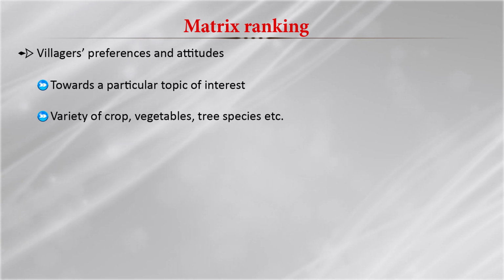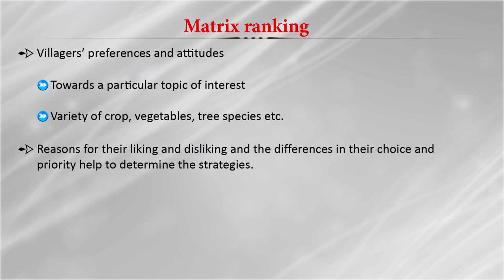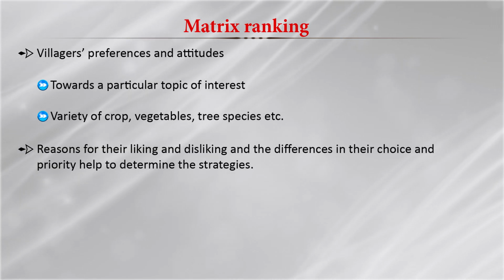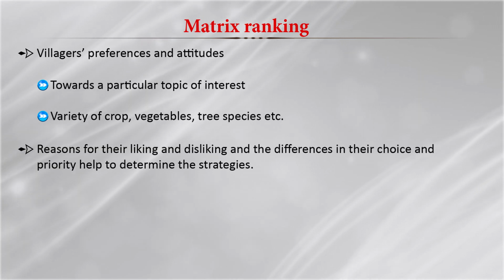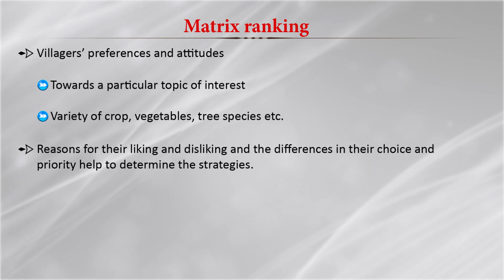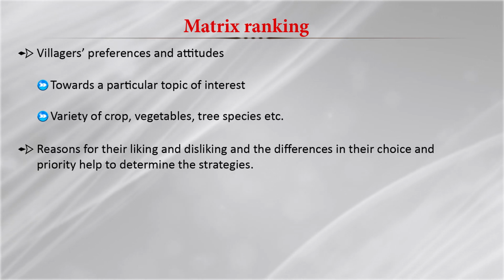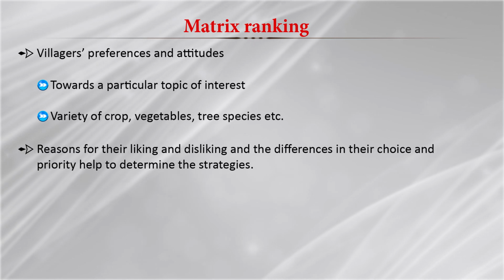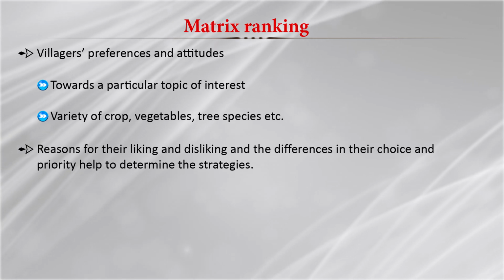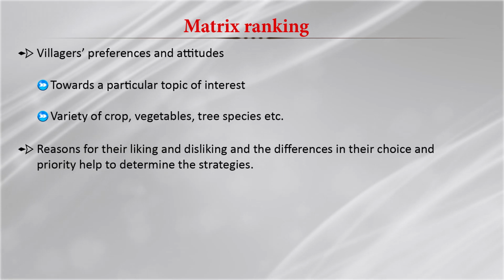And we can collect information about the reasons for their liking or disliking a particular topic or variety, and what the differences in the village are in choices and priorities, which helps to determine strategies. Basically, we select items or topics which are not yet prepared by the people in the village.